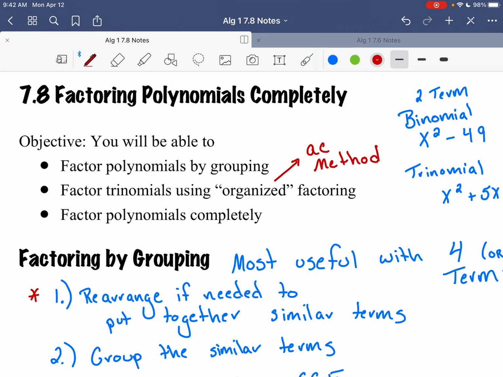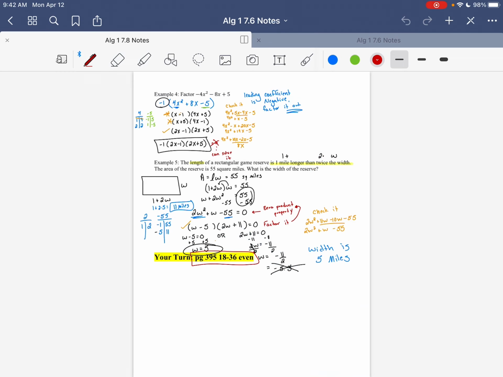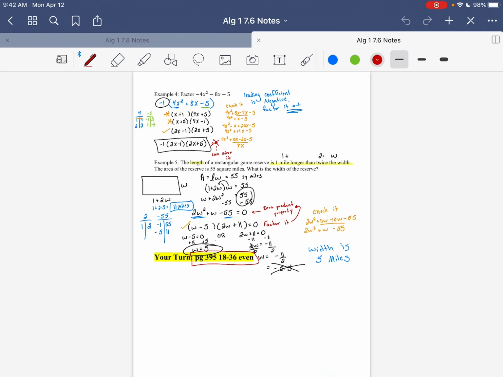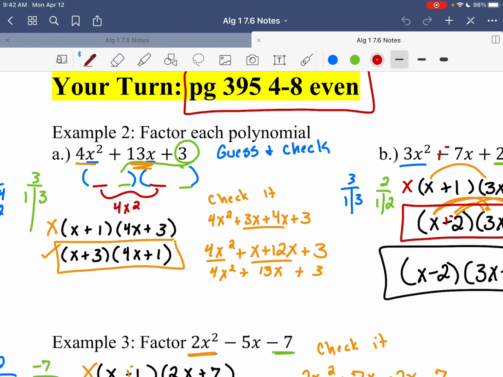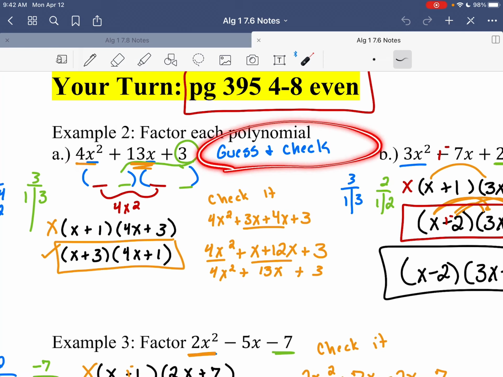If you remember back, we're going to jump back a little bit, section 7-6, when it came to factoring things with a leading coefficient that wasn't 1, really our only method was guessing and checking.